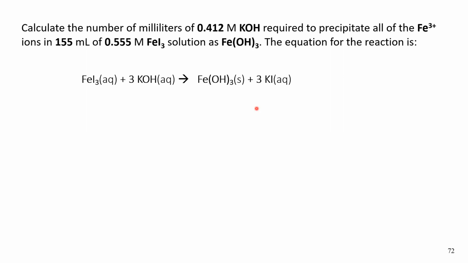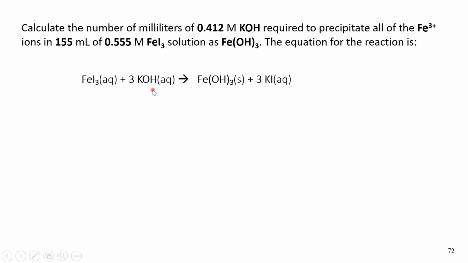Okay, so here's the reaction. We have a solution of iron iodide. And we know the molarity and the volume of the iron iodide. That means we can figure out the moles.